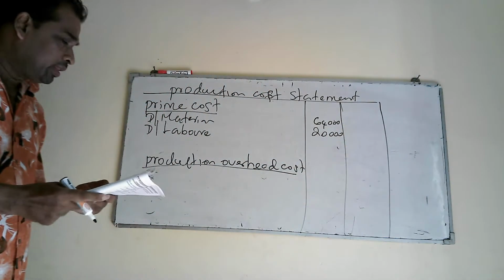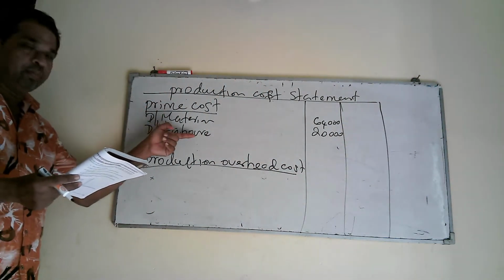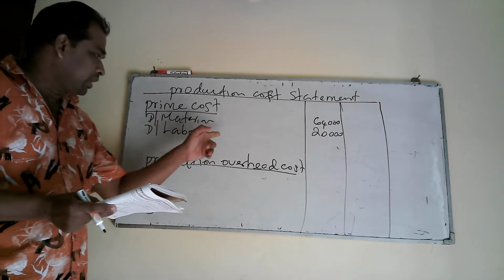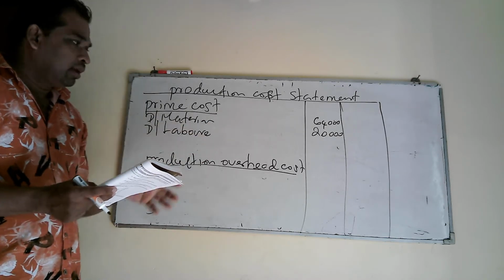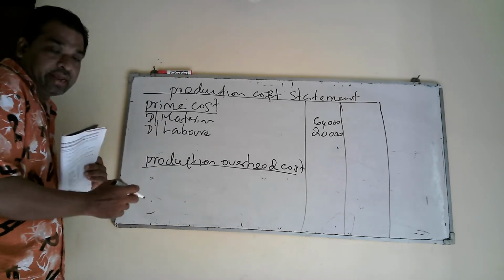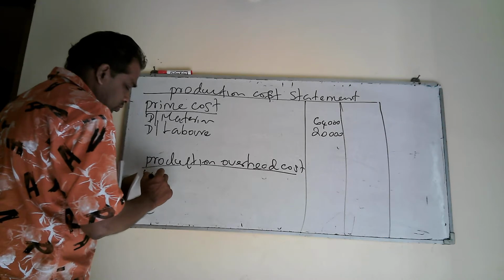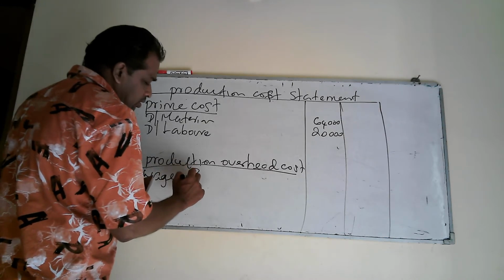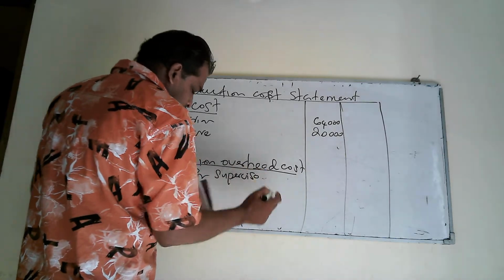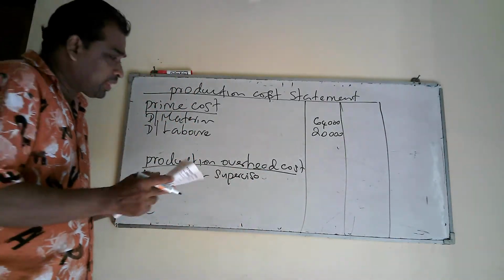If you wish, you can write the type of labor, salaries of the machine operator, in front of the item. Then third item, wages for the supervisor. It comes under indirect labor. Wages for supervisor 23,000.